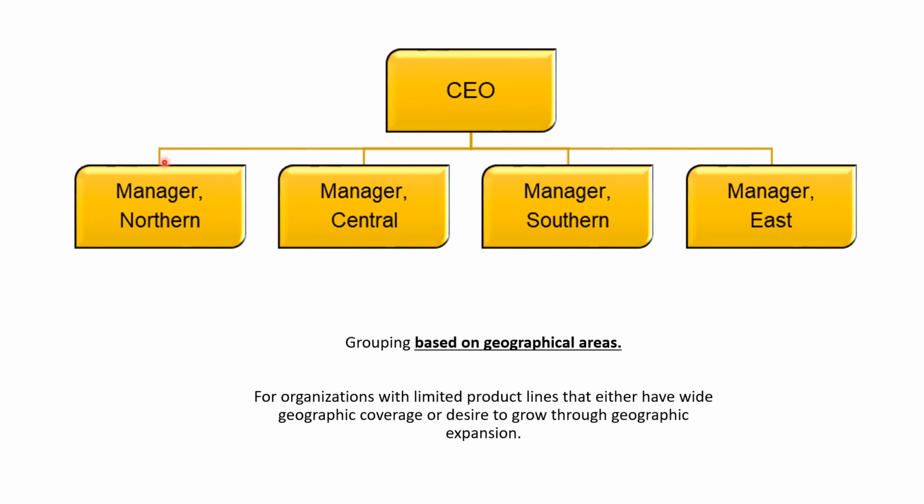For example, you have a Department of North, northern, central, southern, and east. So you can have all these departments. Divide your employees according to these geographic areas, because you cover such a large area.